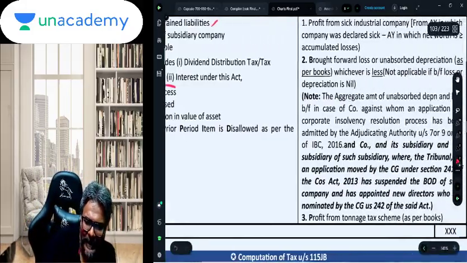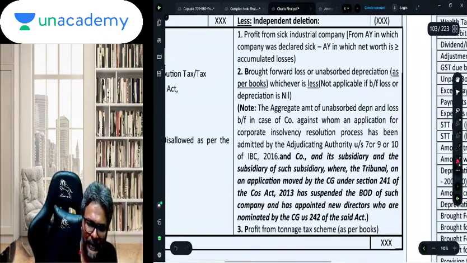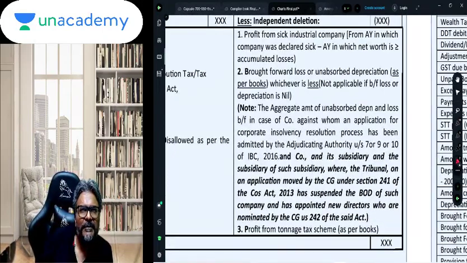Students, apart from that, this is about the independent deletions. In the independent deletions, the first and foremost thing is that the profit of a sick company will not be subject to MAT. A company is considered a sick company as long as its net worth is less than its accumulated losses.